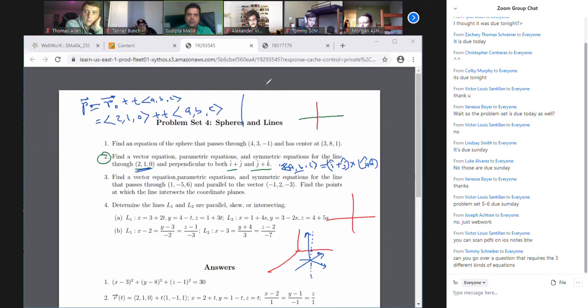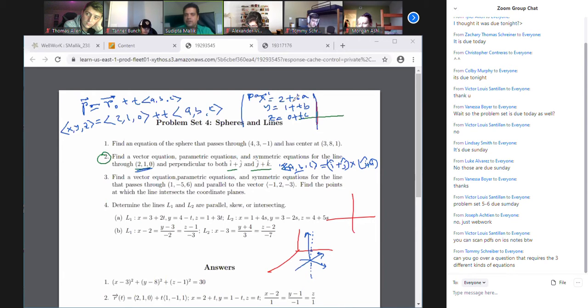Okay, so if you want to do the scalar equation, remember this r is what? This is a position vector of a general point on the line. So this is just x, y, z. Now if you compare both sides, then x is 2 plus tA, y is 1 plus tB, z is 0 plus tC. This is your scalar equation or parametric equation.